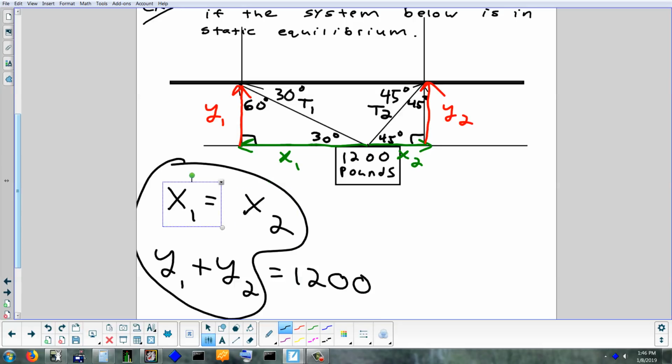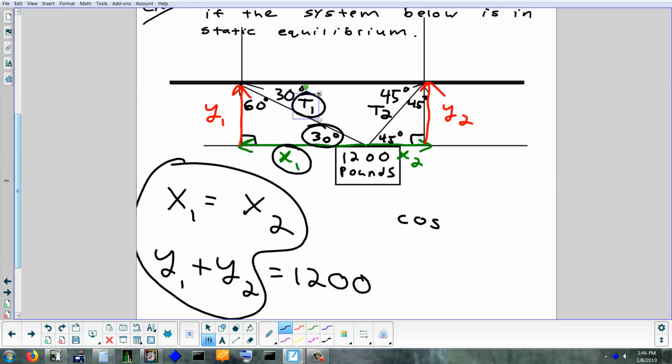Let's start with X1. I'm going to look at it from the 30-degree angle. That's my perspective. What side is X1? Opposite, adjacent, or hypotenuse? Adjacent. What side is T1? Hypotenuse. Which trig function involves adjacent and hypotenuse? Yep, Nick. Cosine. Exactly, cosine.